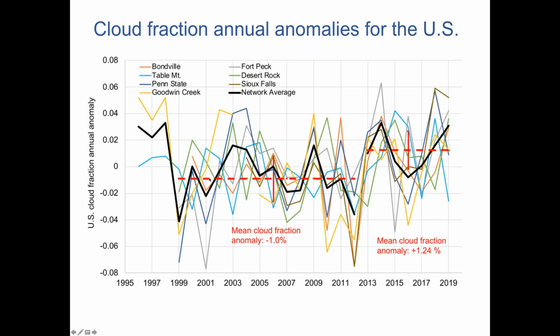So what I did was I just compared the bulk average cloud fraction anomaly of the brightening period, and we get about 1% less than the average. And then I did the same for the dimming period, and I got plus 1.24%. So there, in the average at least, there was a jump in cloud fraction between brightening and dimming periods.